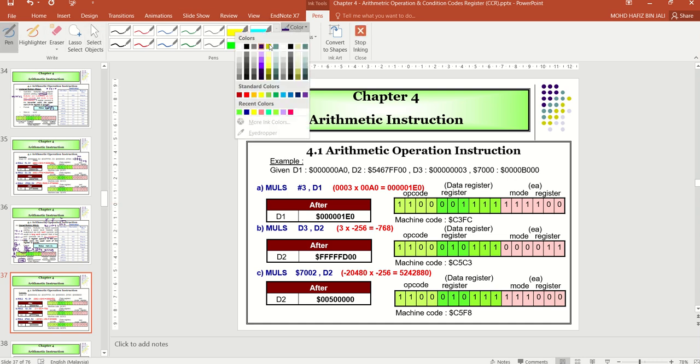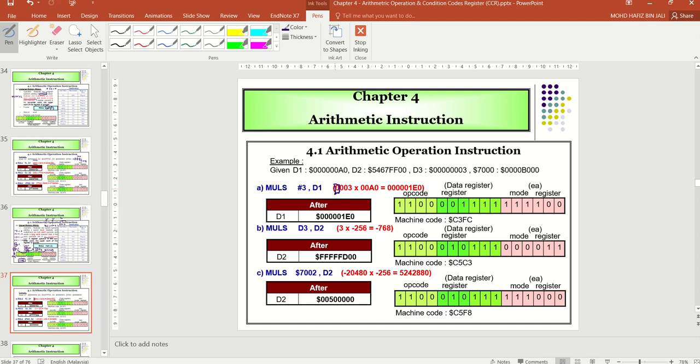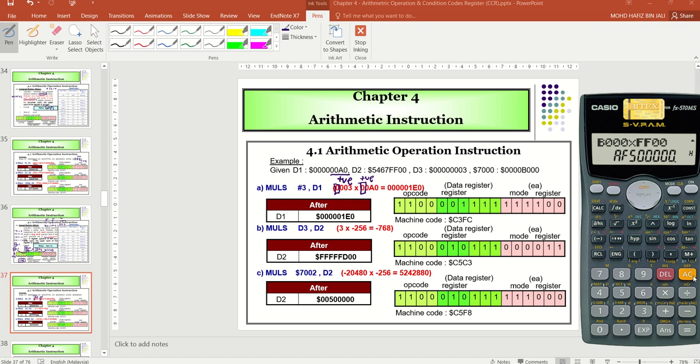It is obvious, if 0, no problem, 0 means it is a positive value. D1 word size is 00A0, also 0, a positive number. So just use your calculator to find the answer: 0003 times 00A0.